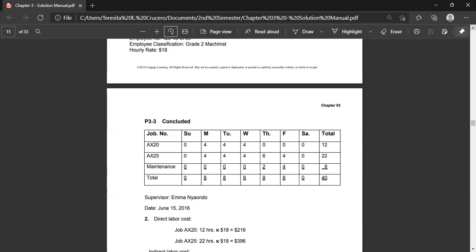The amounts of direct labor cost by job: you have to remember that once the work is related to a job order, that's direct labor, while maintenance is indirect labor.